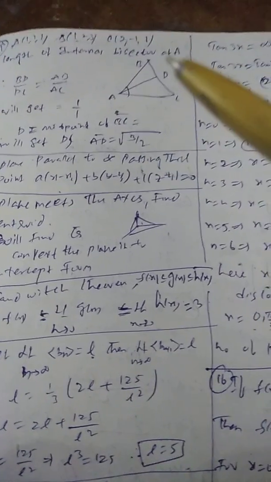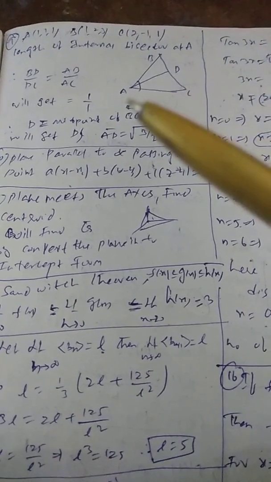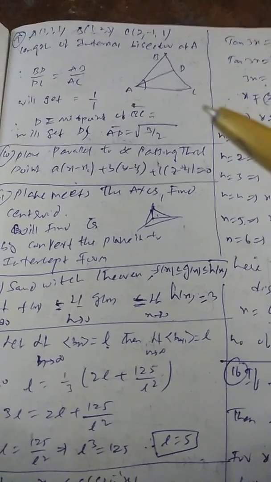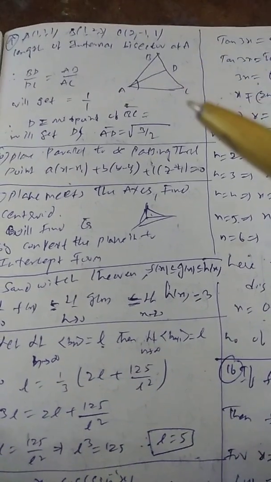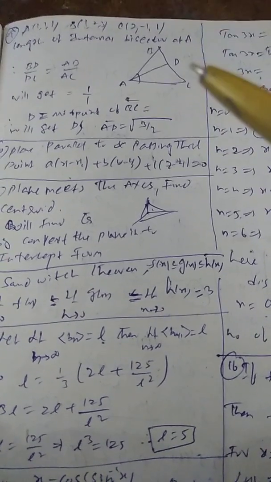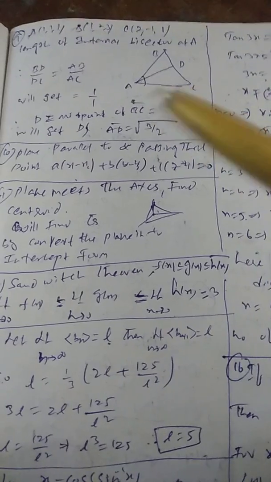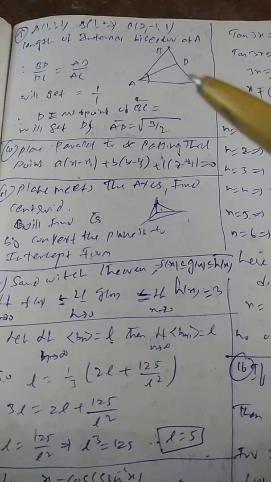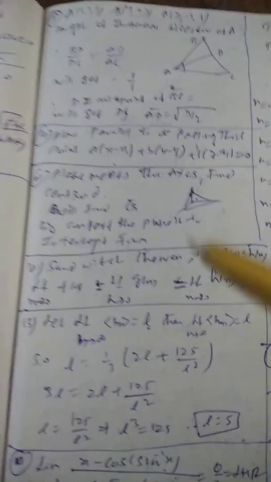So BD by DC is nothing but AB by AC. So we'll find AB and AC here. AB and AC are equal, so D is the midpoint of BC. Since D is the midpoint of BC, we'll find the D value. Then we find the distance between A and D. So the length AD is the square root of 3 by 2.